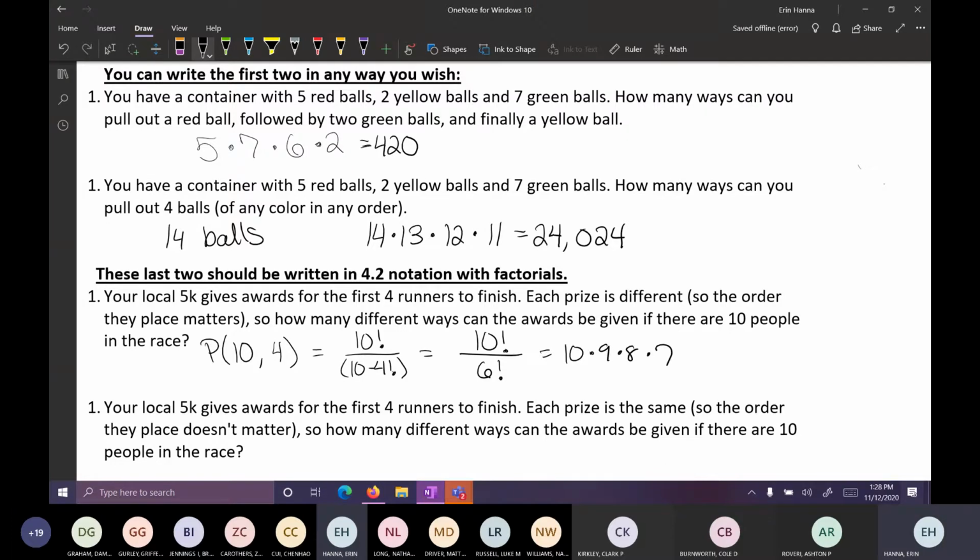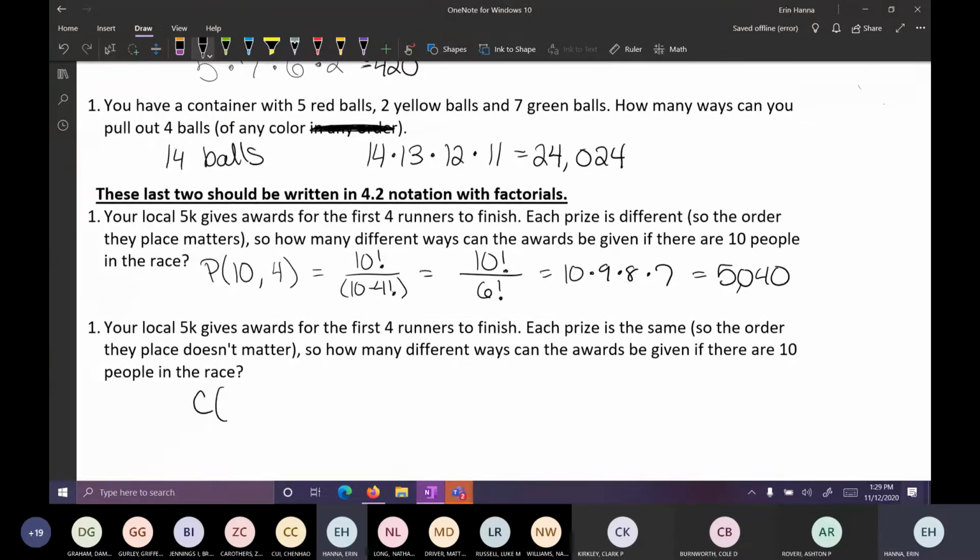You don't have to write that out, but 5,040 ways to do that. That's why my phrasing was off in the last one. What I was technically going for was of any color. But anyway.